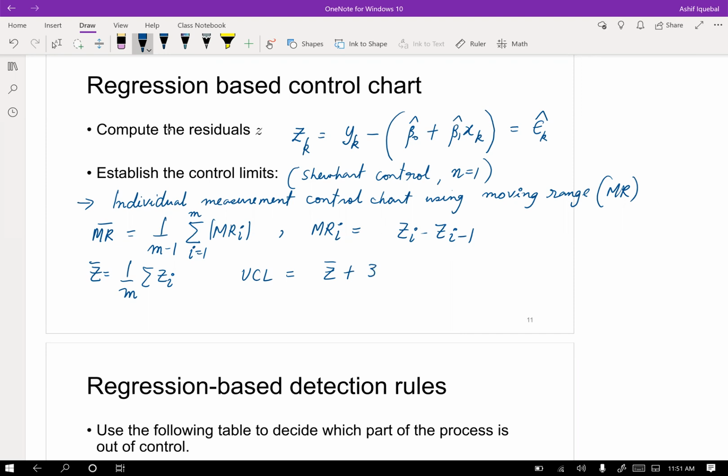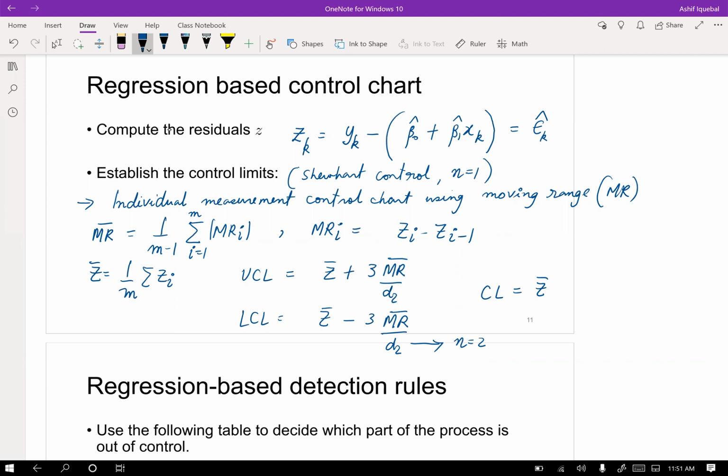So this will be 3 times MR bar divided by D2. And similarly, your LCL will be equal to Z bar minus 3 MR bar divided by D2. And remember, you find the value of D2 for n equals 2, right? And your center line is equal to Z bar.